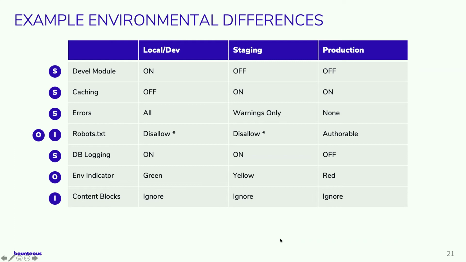For caching with different settings, depending on environment, that would be a conditional split. Error reporting would be a conditional split. For the robots.txt module, it's going to be a combination of override for dev and stage, and then an ignore for production. That way, it is fully authorable by a content admin when they get an email from their SEO person that says, "Hey, you need to have this in your robots.txt file." That way, it doesn't have to go back for a code change to be implemented.